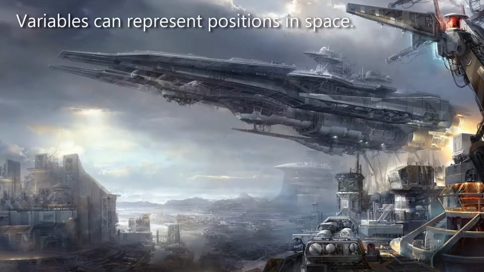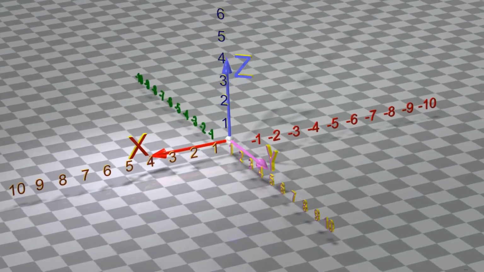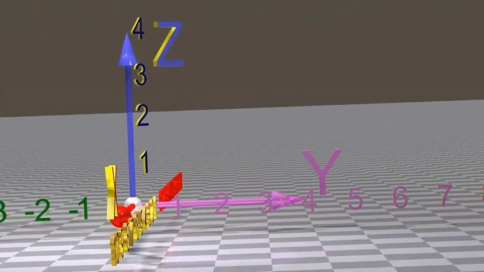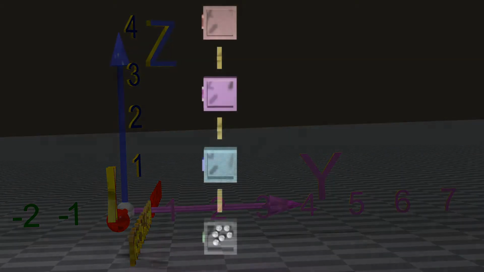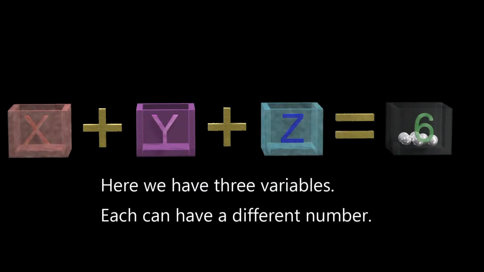Variables can represent positions in space. Here we have three variables. Each can have a different number.